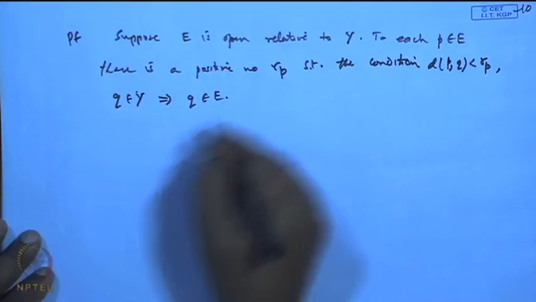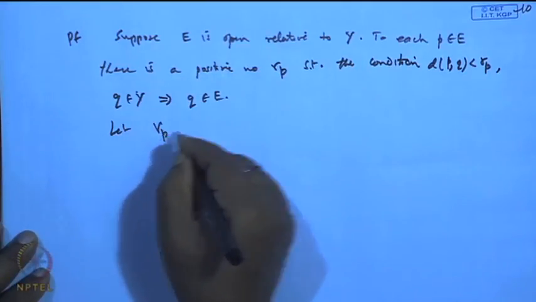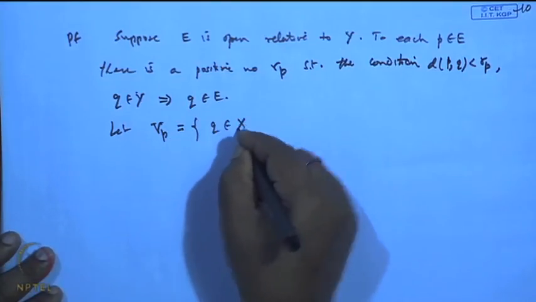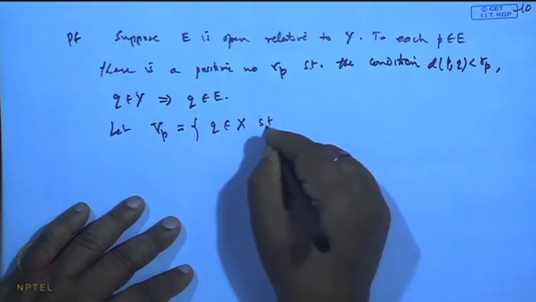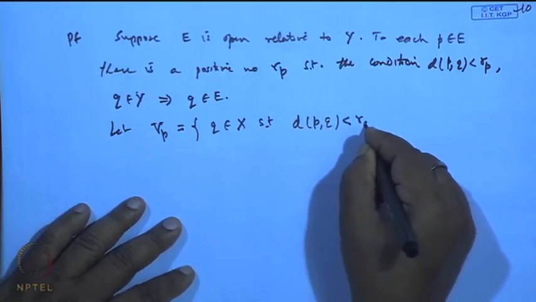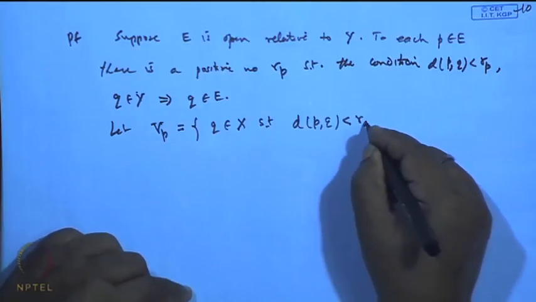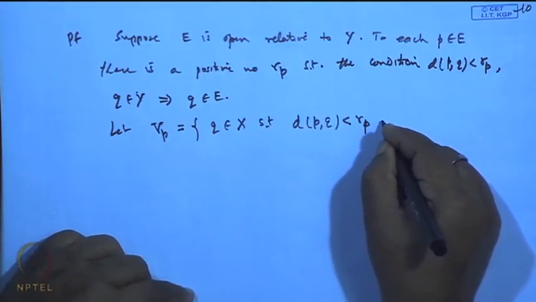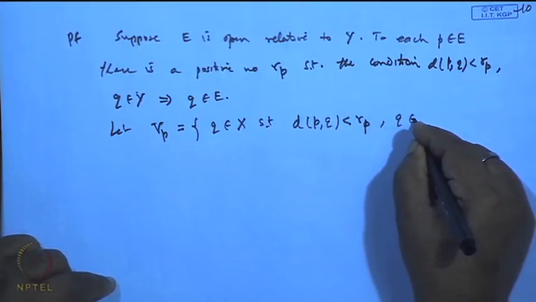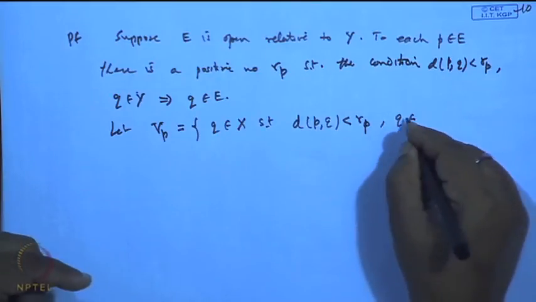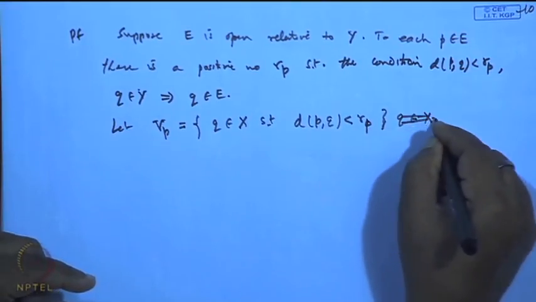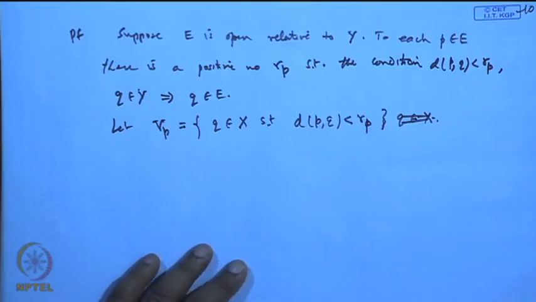Now, let us consider B_p as the collection of all q belonging to X such that the distance d(p, q) is less than R_p.